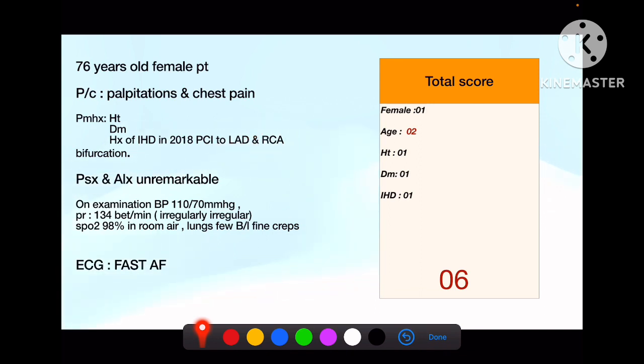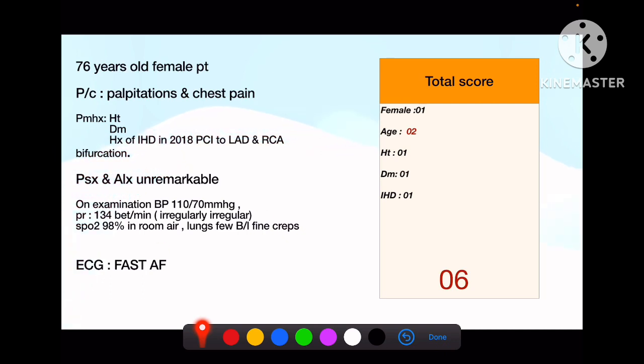The past surgical and allergic history is unremarkable. You have examined the patient: vitals are stable and she is hemodynamically stable, BP 110/70. The pulse rate is a little tachycardic, 134. An irregular pulse is there. The saturation is 98 on room air.